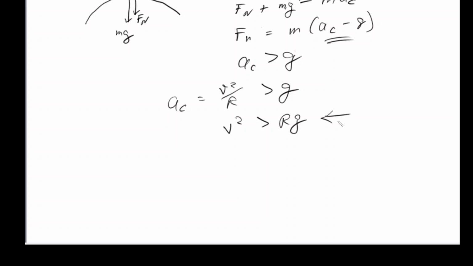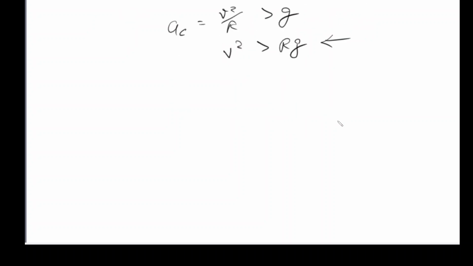Now let's go back to our conservation of energy law and look at the final kinetic energy plus the final potential energy is equal to the initial kinetic energy plus the initial potential energy. And there's no friction, so we're just looking at mechanical energies.